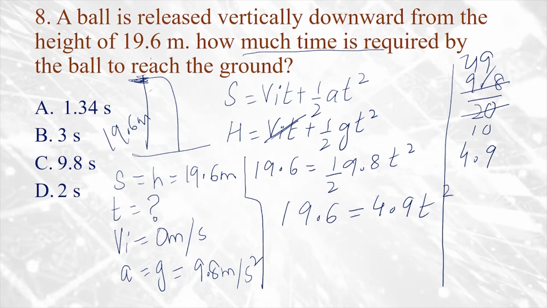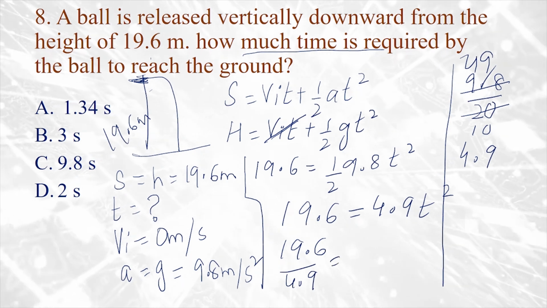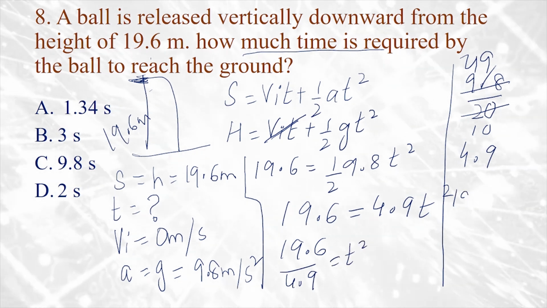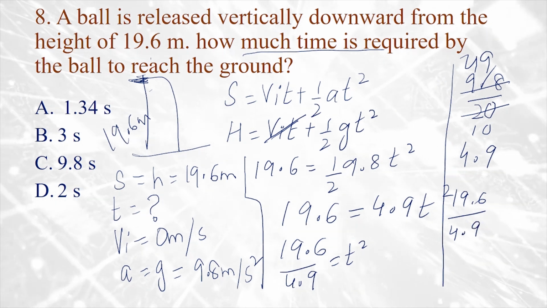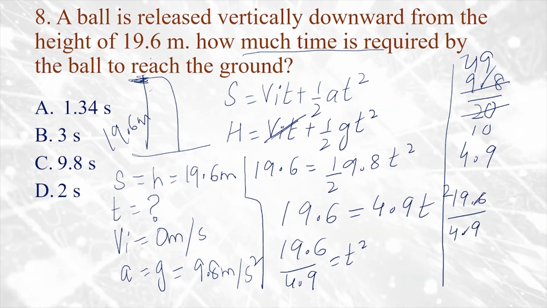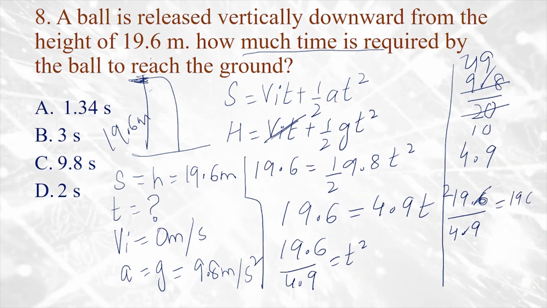And when you divide 19.6 by 4.9, these decimals can be removed because they are at equal places. So it will be 196 divided by 49.